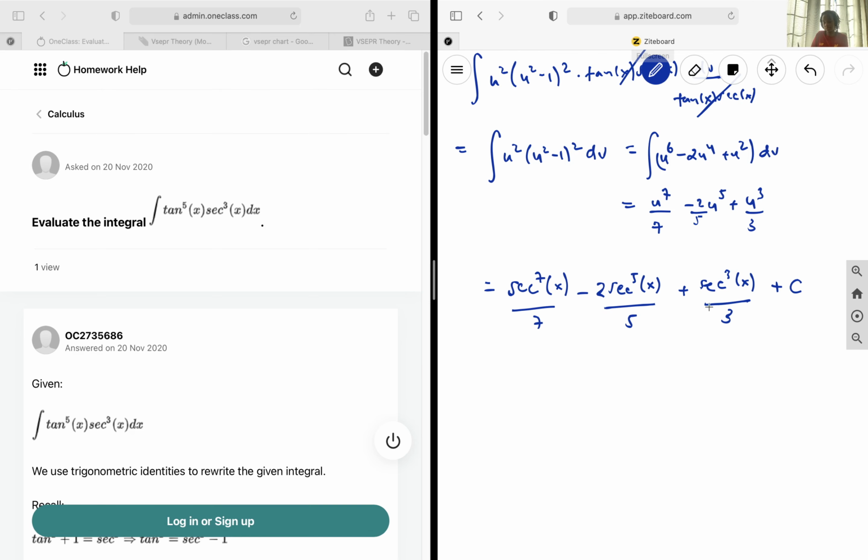If we'd like to simplify this further, let's ensure we have one denominator first here.